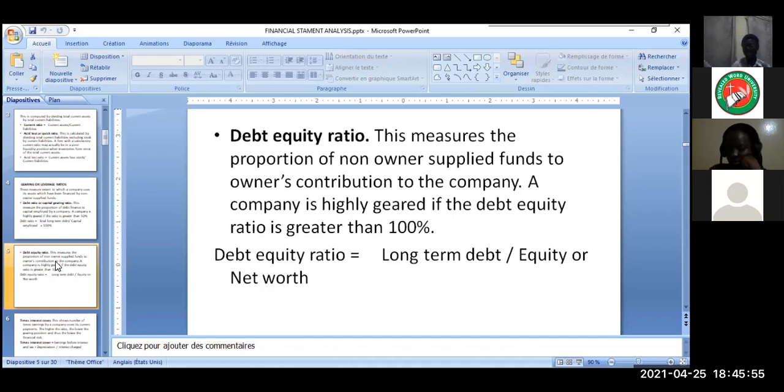So now we take long-term debt, that we find in non-current liabilities, over equity, then we find debt equity ratio. It's just as simple as that.